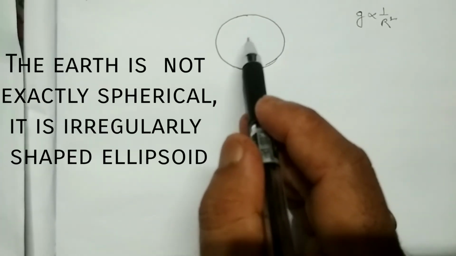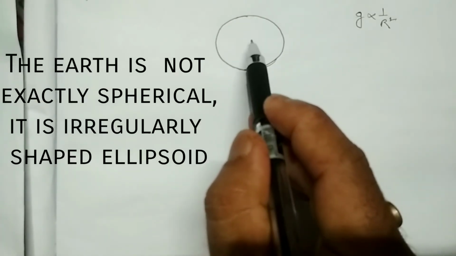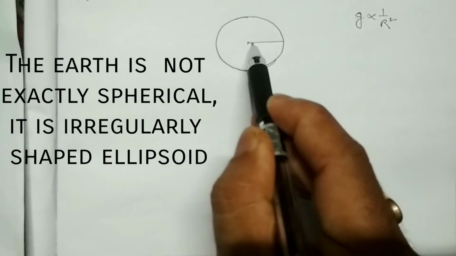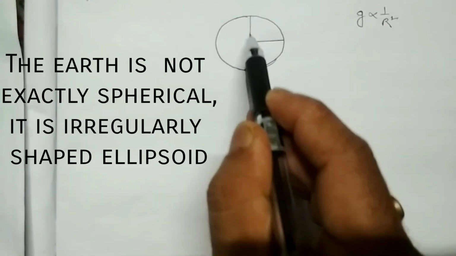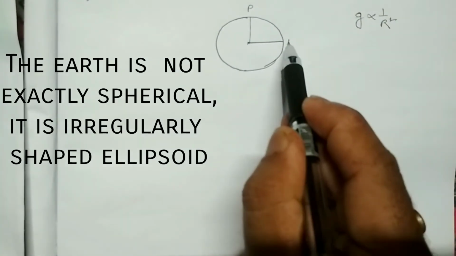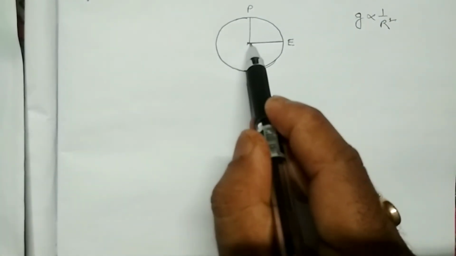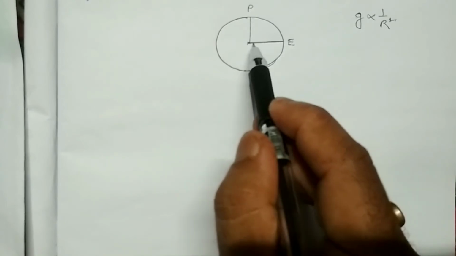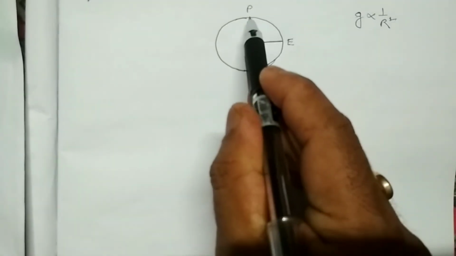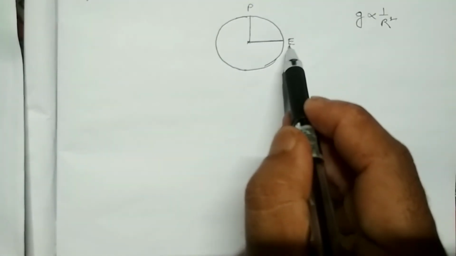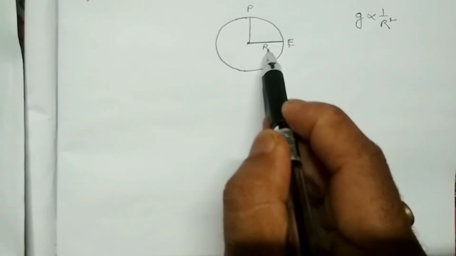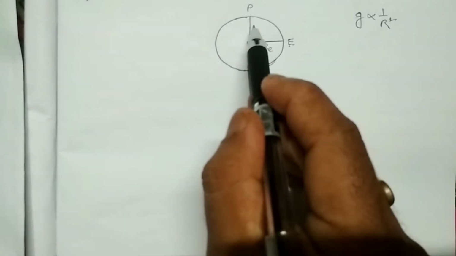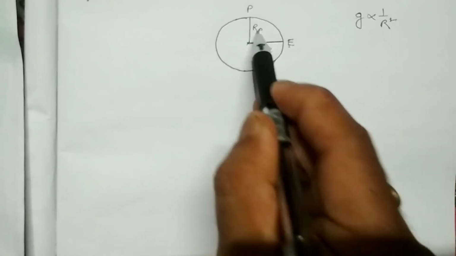We know our earth is not perfectly spherical. The radius along the equator is a little bit more as compared to the radius along the pole. So this is the pole, this is the equator, and it is found that this radius is approximately 21 km more as compared to this one. So along the equator the radius is more, and along the pole the radius is less.